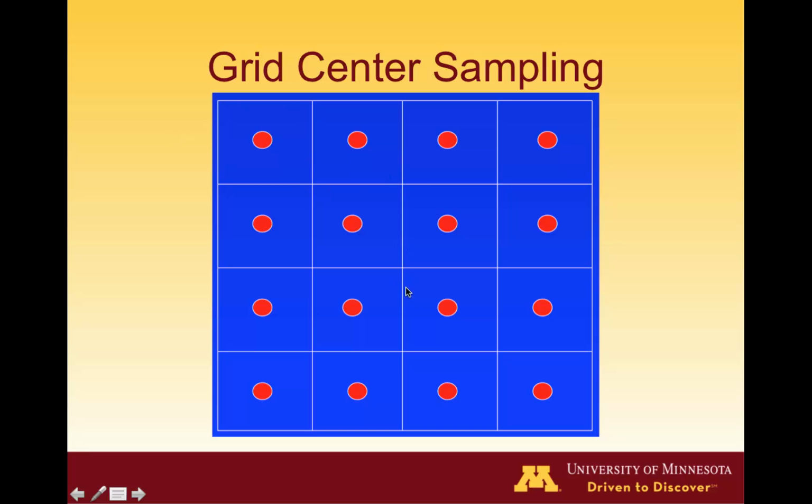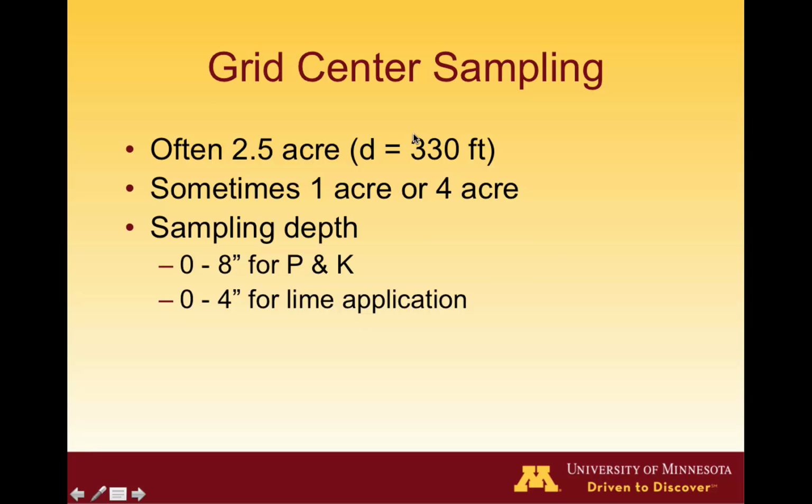Anyway, you are getting your samples from evenly distributed spaces in your field. For grid center sampling, the common grid size is about 2.5 acres, which spans about 330 feet long and wide.